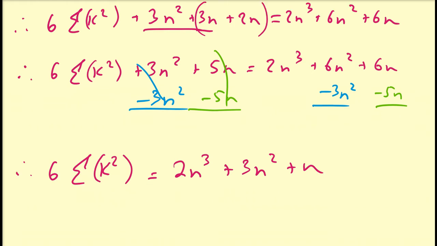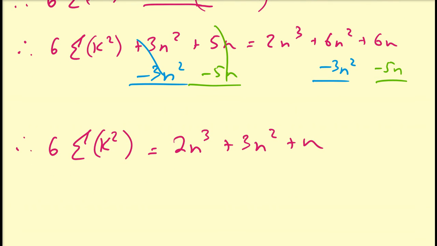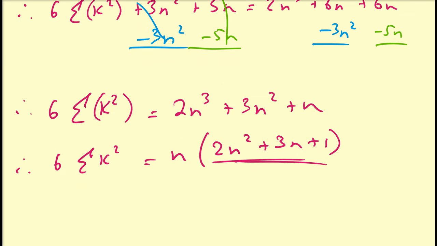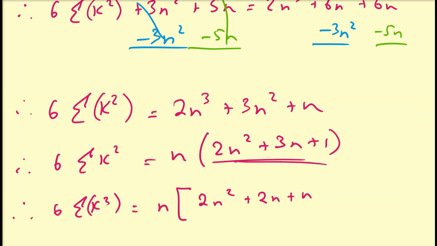So now what do I have here? I can factor out an n out of the right-hand side of this equation. So I have 6 sum of k^2 must be equal to n times (2n^2 plus 3n plus 1). Factor this polynomial on the right-hand side; you can do it by decomposition and grouping. That can be rewritten as 2n^2 plus 2n plus n plus 1. I can factor by grouping the first 2 and the last 2 terms.